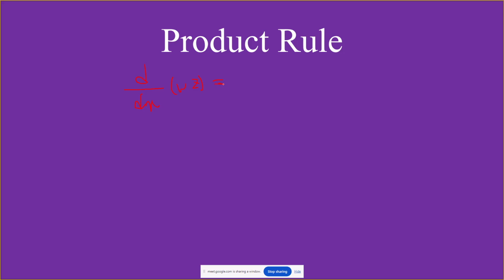So my first variable will come first, times d/dx of z, plus again the second variable will come first, z times d/dx of w. So this is the basic rule.